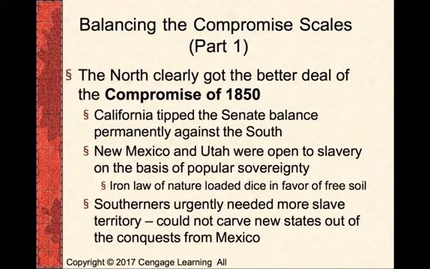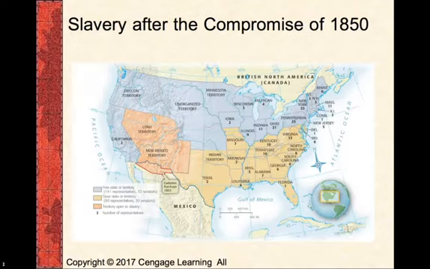It's open to popular sovereignty. If Northerners fill up New Mexico and Utah with population and they choose not to have slaves, they won't be slave states. And so Southerners urgently needed more slave territory, and they couldn't carve new states out of their conquest from Mexico, so they start looking even further south.